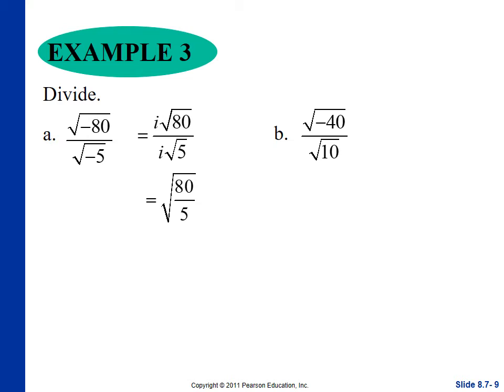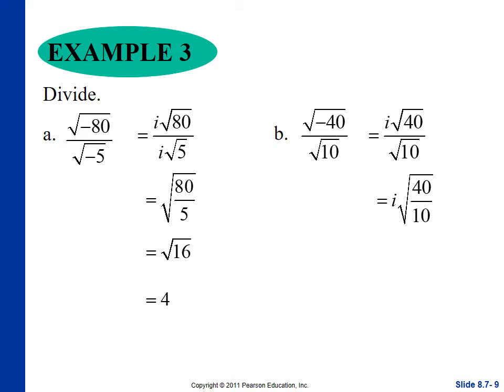So now you end up with the square root of 80 over 5, which is equal to the square root of 16, which is 4. Over here again, we have i outside of the square root. We had the square root of negative 40, so we get i out of there. This becomes 40 over 10, which is i square root of 4, which is 2i.